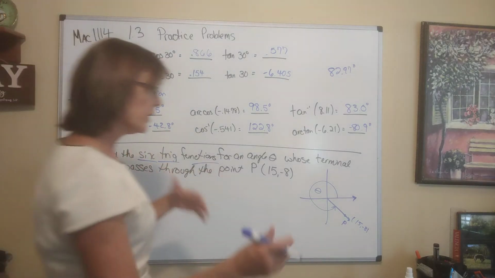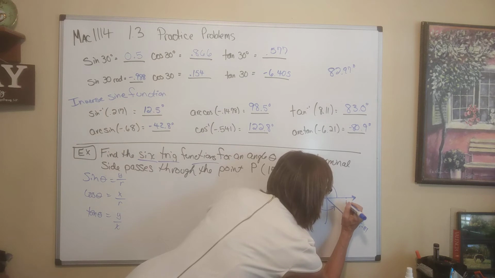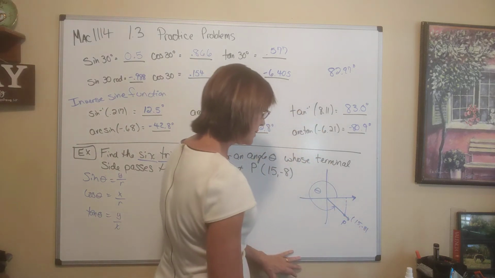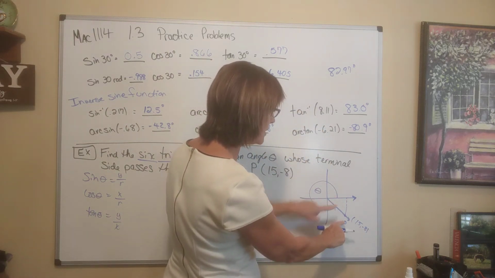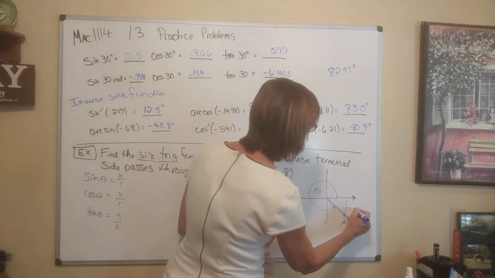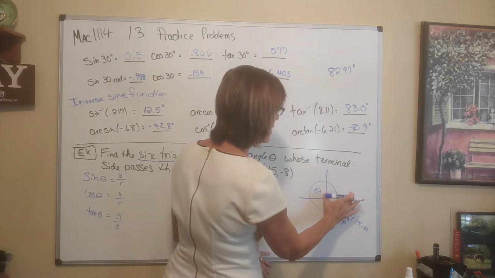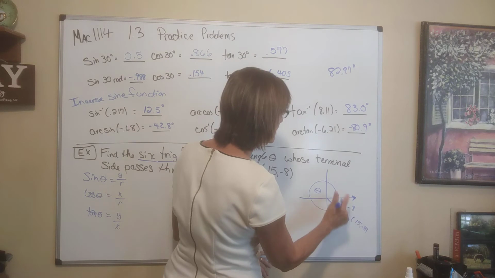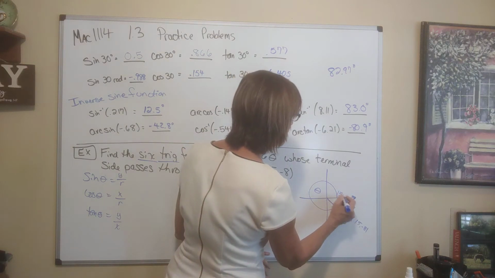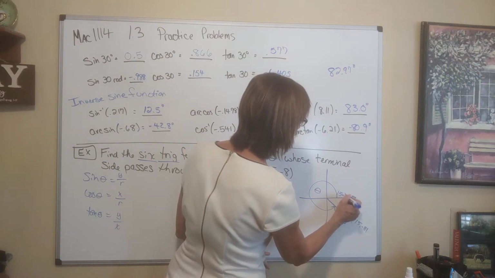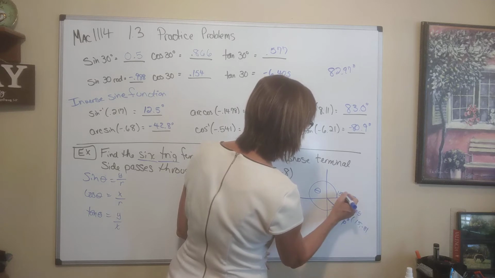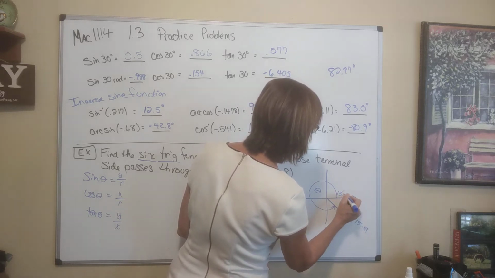So, let's figure this out. What is the y? How far down did it take to get to P? Negative 8. How far across did it get to P? What is our x value? 15. This is our x. This is our y.